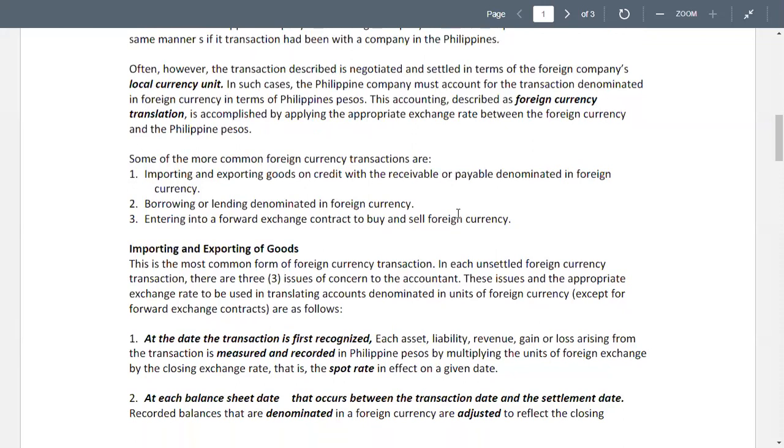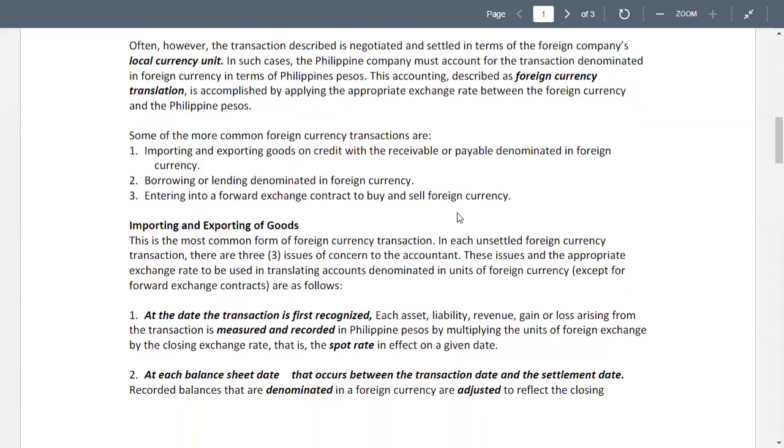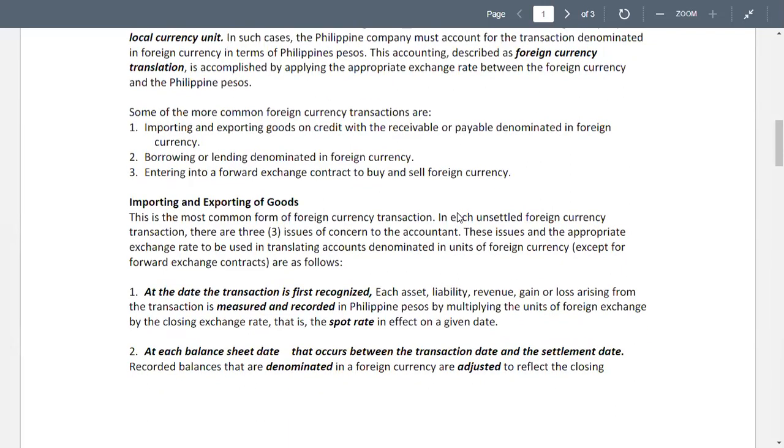Foreign exchange gain or loss is recognized for the difference in the exchange rate between the transaction date and the balance sheet date. Okay? And the third is at the settlement date.